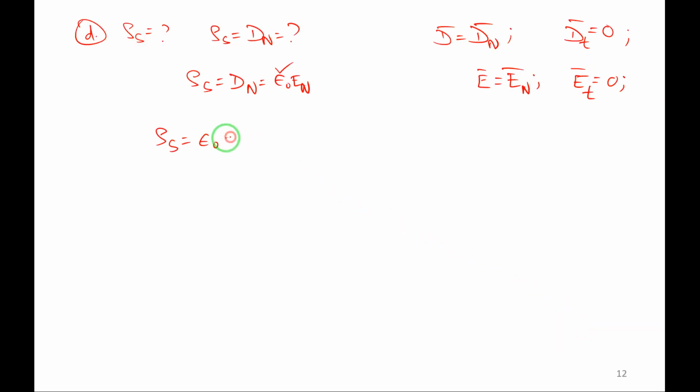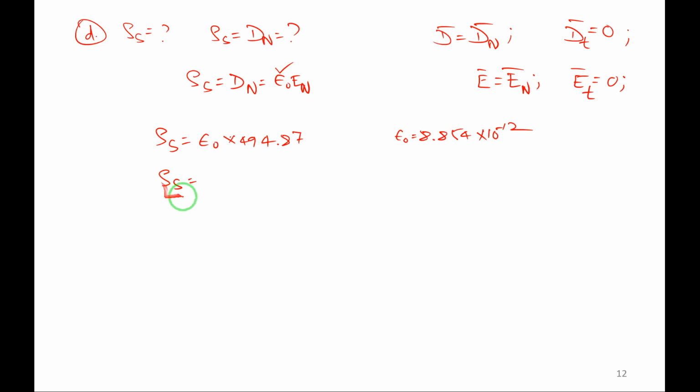So 494.87 times epsilon naught. Substitute, calculate and write. Epsilon naught is 8.854 into 10 power minus 12. Just multiply this: 8.854 exponential minus 12 into 494.87.